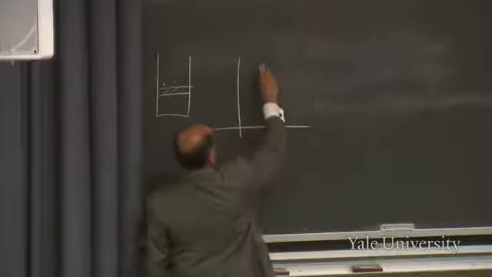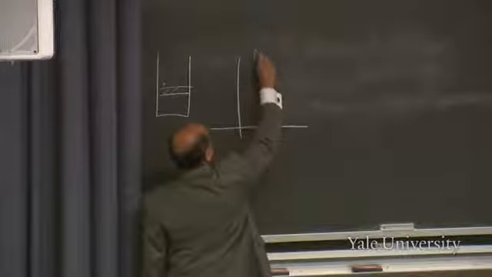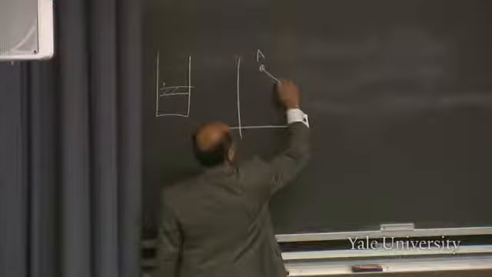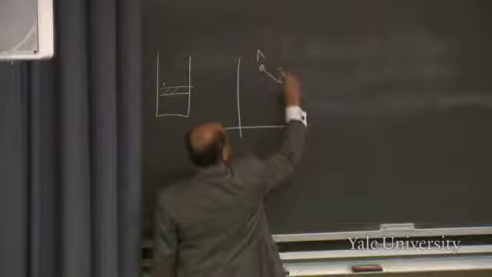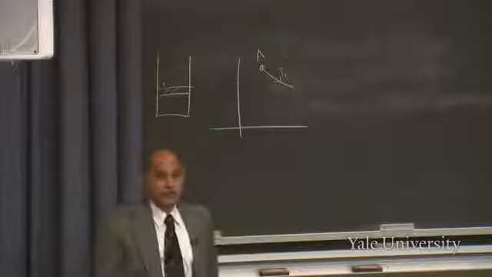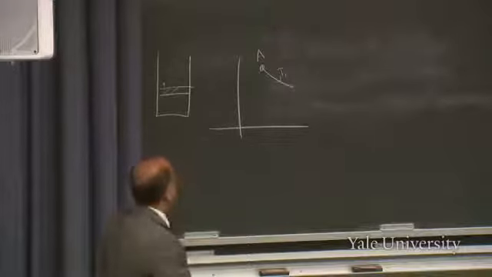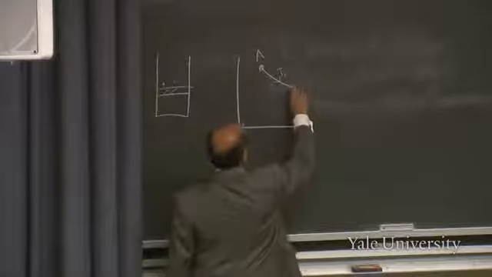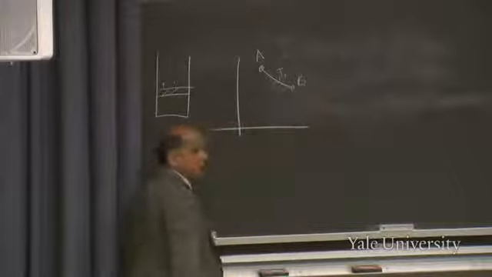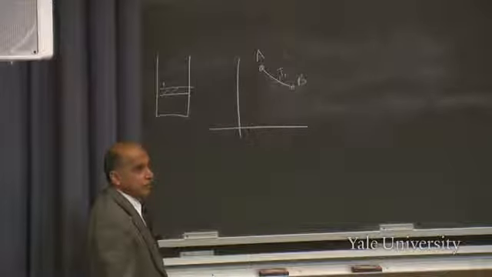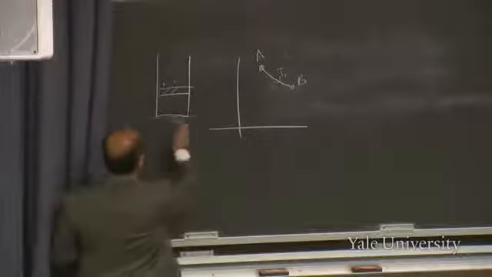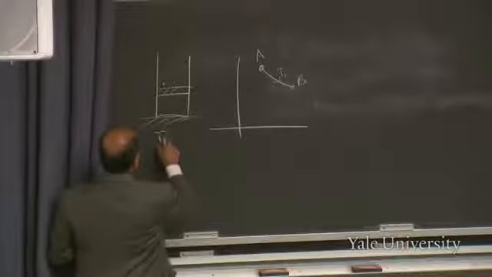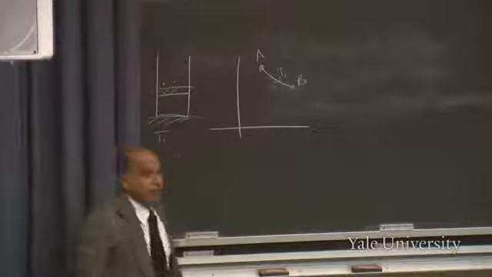You start at some point, A, you expand at a certain temperature, T1, isothermally, till you come to the point B. So the way you should imagine that is that this gas is placed on a reservoir whose temperature is frozen, stuck at T1.